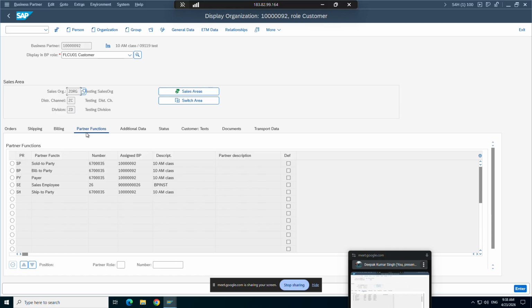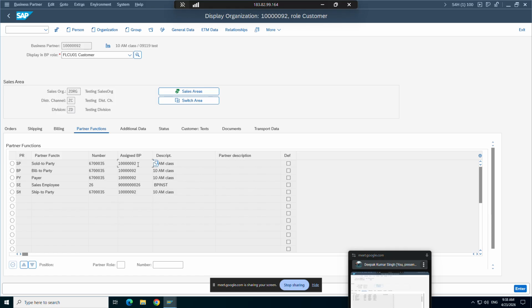So partner function means for this customer, if any sale transaction happens, this is basically the sold to party. This is the main customer. Whatever you see, we call it sold to party. Here you see different numbers, 670035, and here 10092. As of now these two are different.